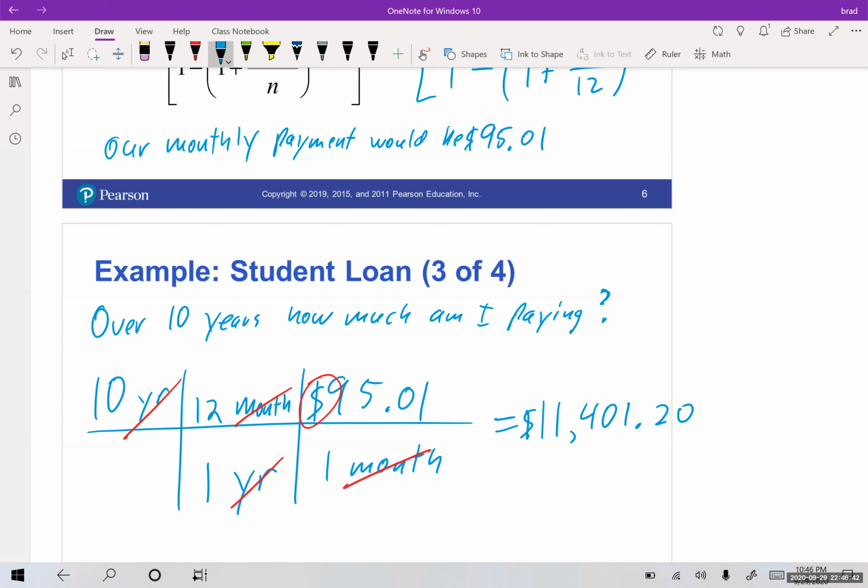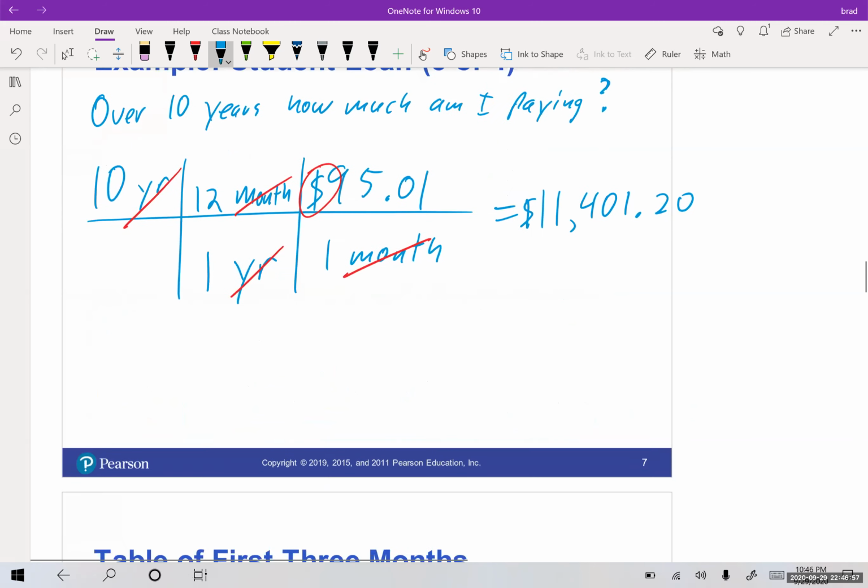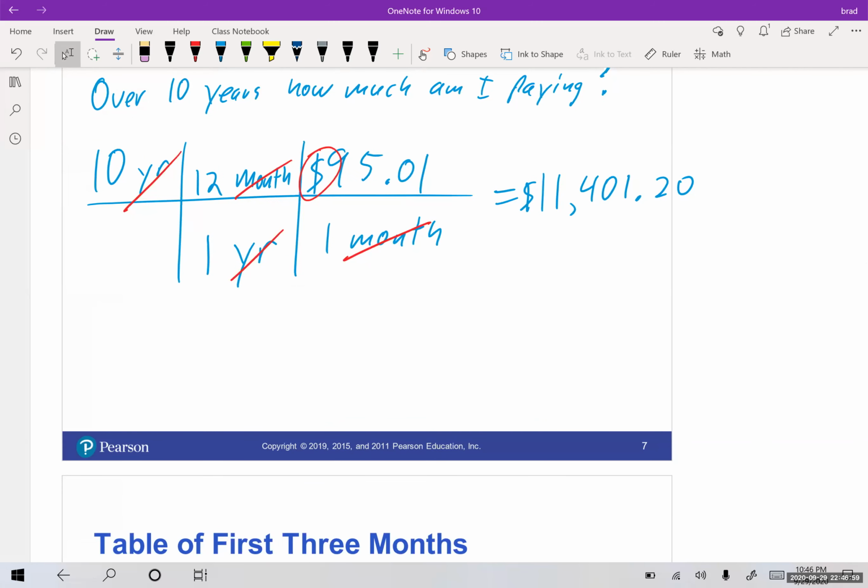So I pay $11,401 for a $7,500 loan. So now just think about that real quick. You borrowed $7,500 and you have to pay back $11,401.